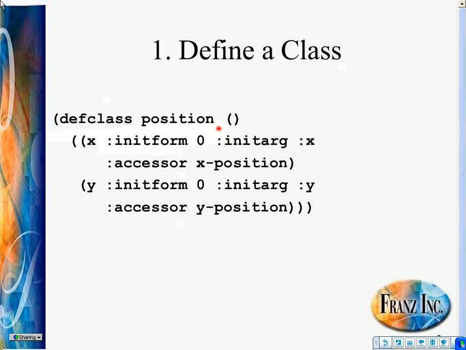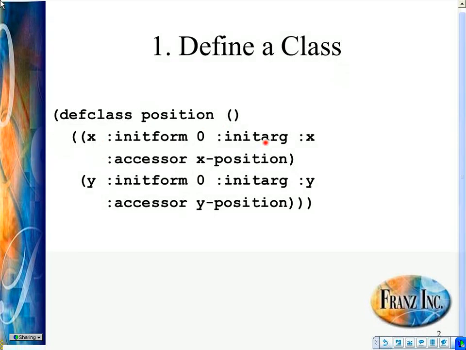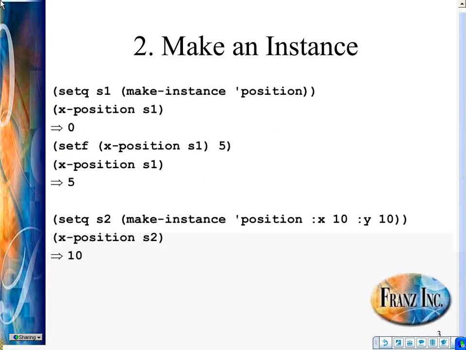And if you ever run into a problem, just modify the name a bit by putting a 1 on the end or something. And when you define a class, it has slots. This has slot X and slot Y, and you can give certain information about the slots. We're going to go into these things in more detail.